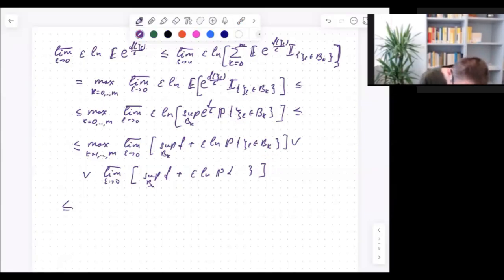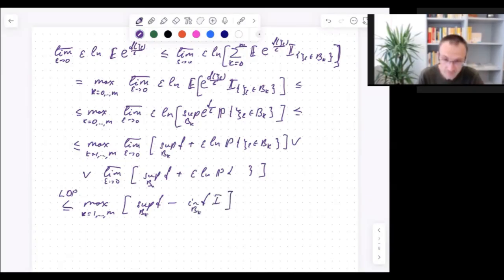Therefore, using the large deviation principle, we have the maximum over k from 1 to m of the supremum of the function f over bk minus the infimum of the rate function over the set bk, and then the last, it is maximum minus n.